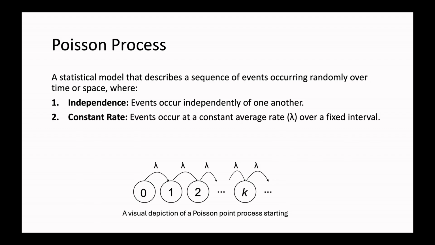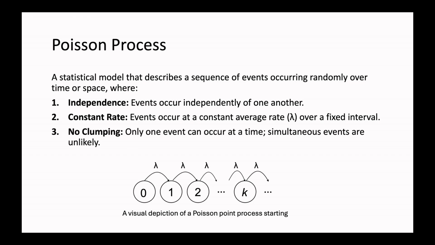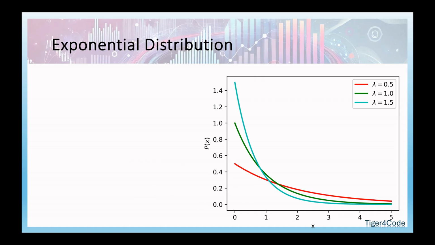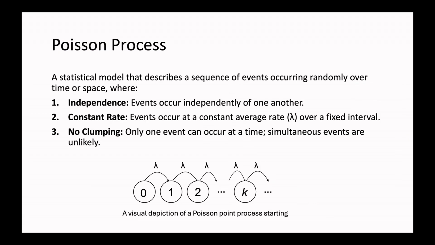Constant average rate, meaning the likelihood of events occurring remains constant over time. And notably, events are spread out, so simultaneous occurrences are rare. A Poisson process is widely used in areas like customer arrivals, network traffic, or even modeling natural events. It is simple yet powerful for understanding random phenomena.